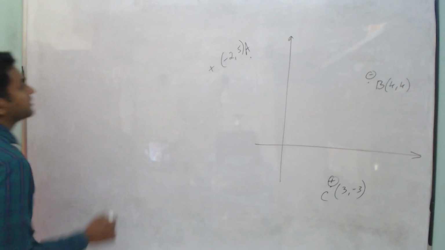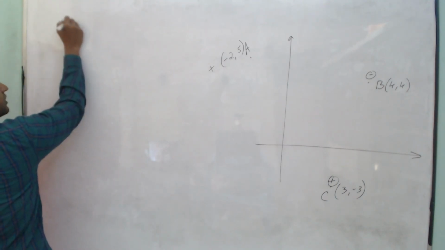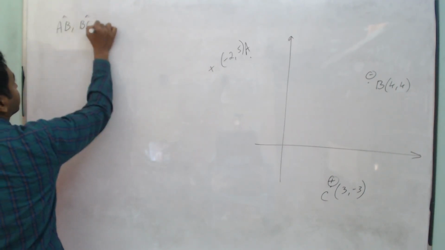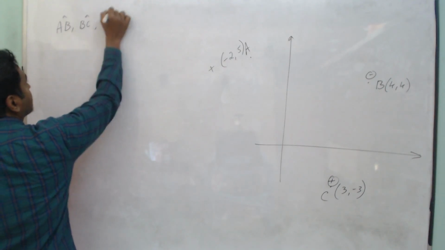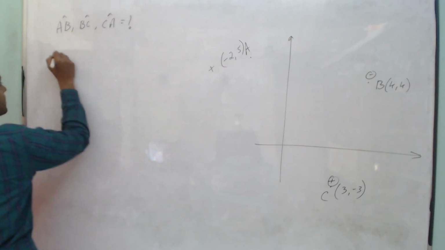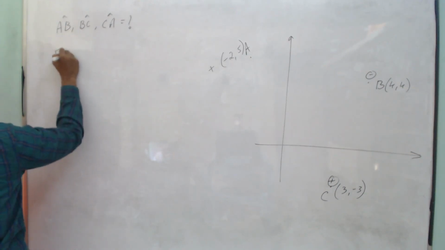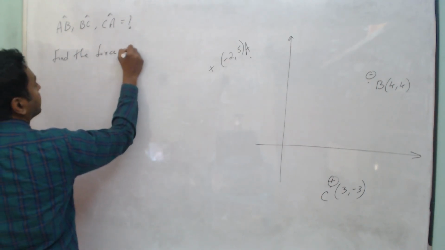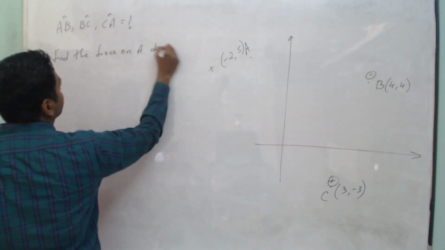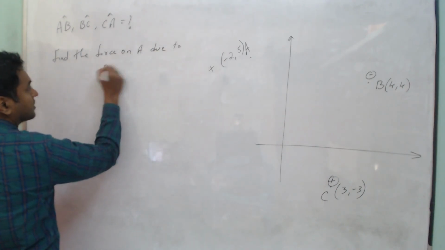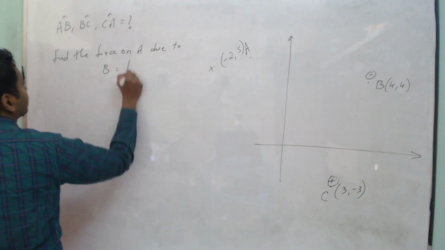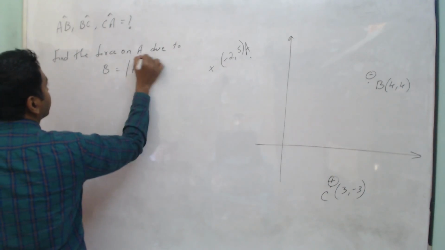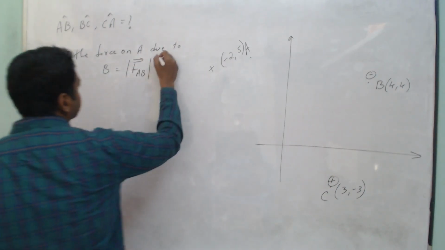So what do we have to find? We have to find unit vector AB cap, BC cap, and CA cap. Find these unit vectors and find the force on A due to B. So we will get magnitude of force on A due to B times, what should we write over here is what you have to tell.